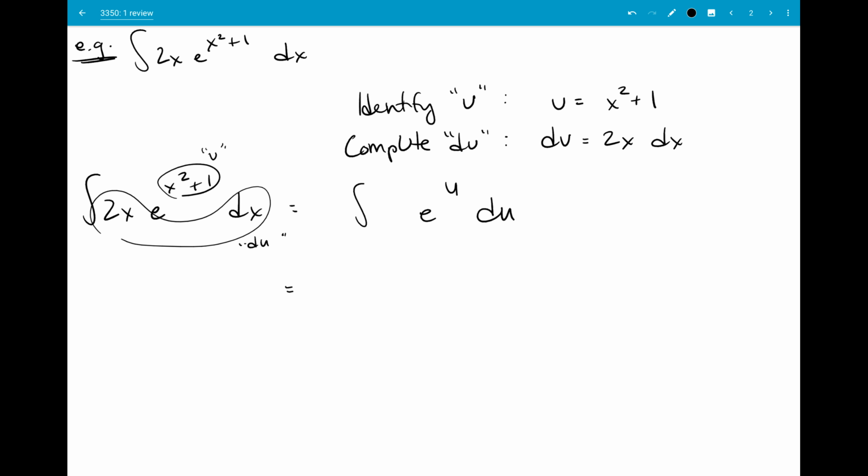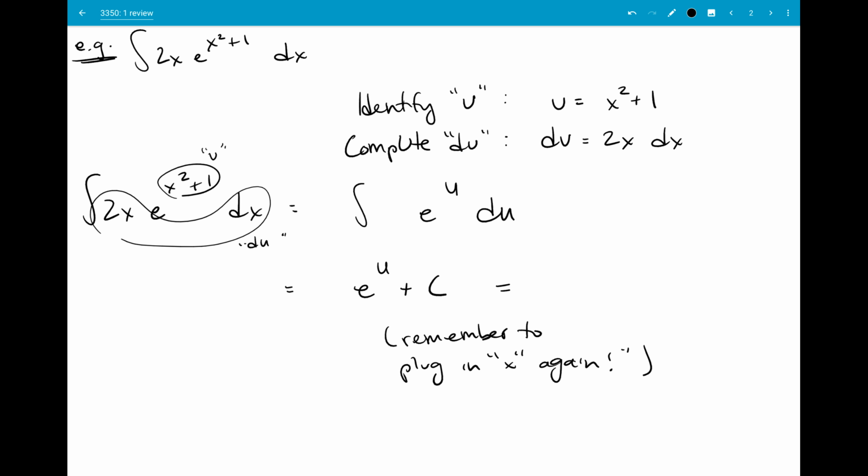So the integral of e to the u is just e to the u plus a constant. And then you plug everything back in. So your problem was in terms of x to start, so your answer should be in terms of x. e to the u is just e to the x squared plus 1, because that's what we said u was. And the constant stays there.